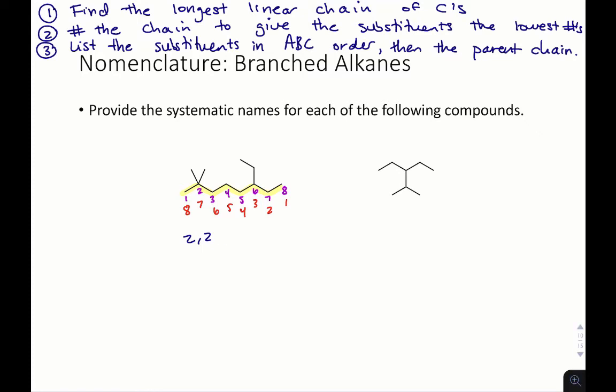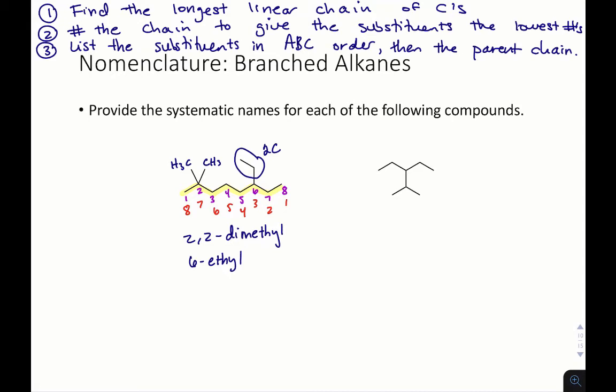We have 2 methyl groups on carbon 2. They're methyl because they're 1 carbon each. So this is going to be a 2,2-dimethyl, because there are 2 methyl groups. And then on carbon 6, that's a 2-carbon piece, so that's going to be 6-ethyl.